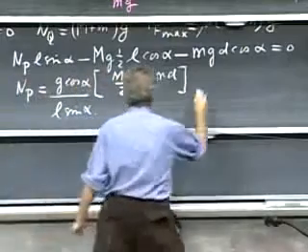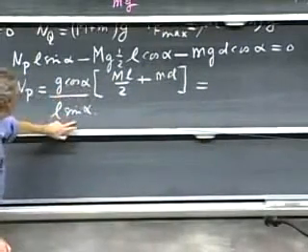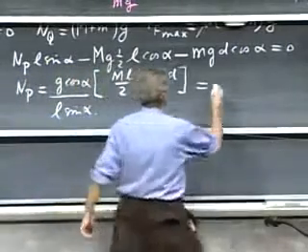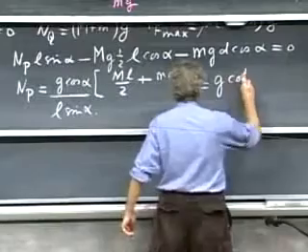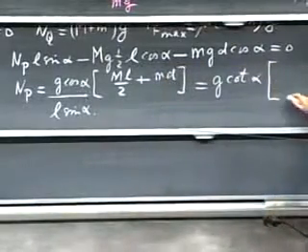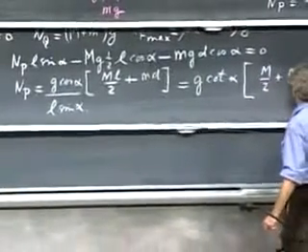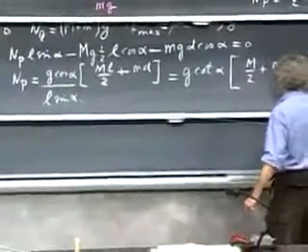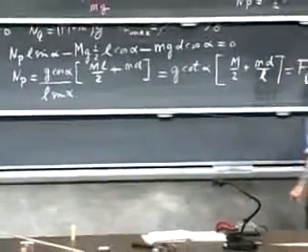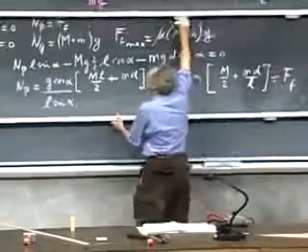And so now for cosine alpha divided by sine alpha, I can write cotangent alpha, and I'll bring the L inside here. So I have G cotangent alpha times M over 2 plus little md divided by L. And that now must be the frictional force, because NP is still the frictional force.